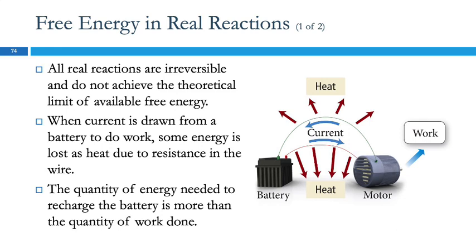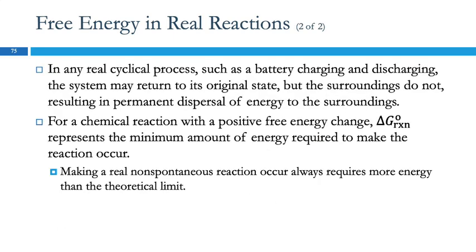So every cycle here, you're going to lose some energy. In any cyclical process like battery charging and discharging, the system returns to its original state, but the surroundings don't. The surroundings have taken on energy, they've absorbed it, their entropy has increased. It's a permanent dispersal of energy. When energy gets dispersed, you can't just reel it back in.